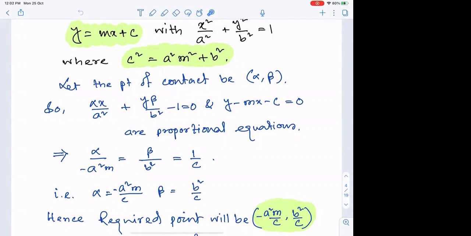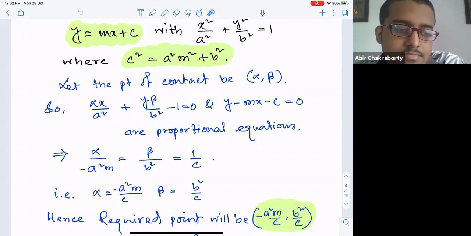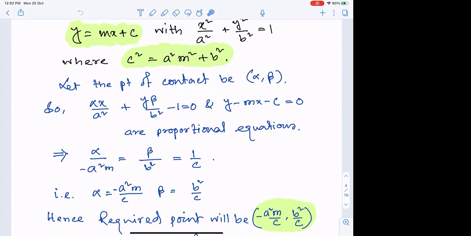If one of them is alpha comma beta, then the other one is minus alpha comma minus beta. Right? So chord of contact of parallel tangents is the line passing through origin, the center.